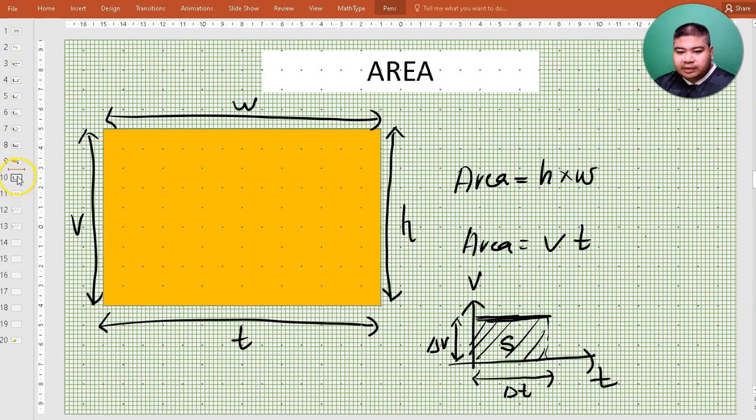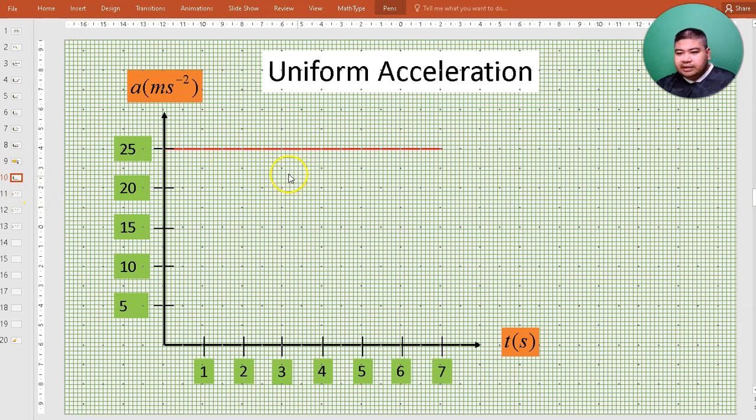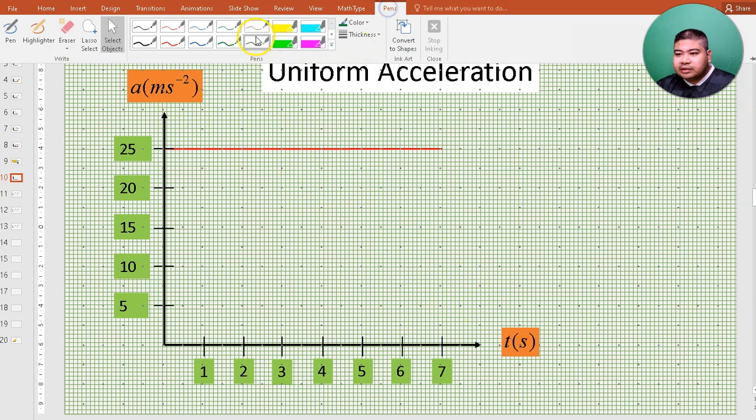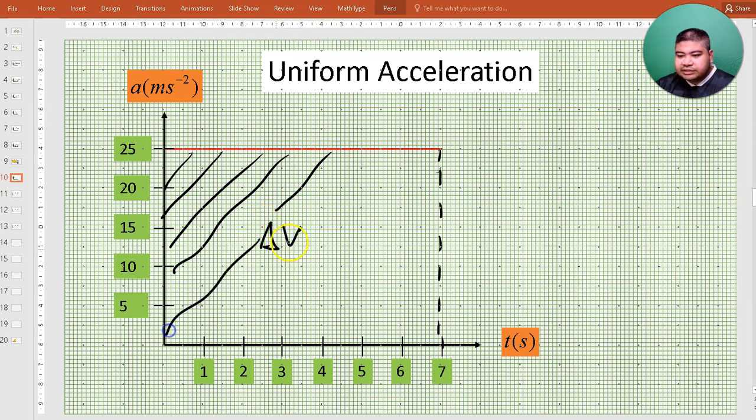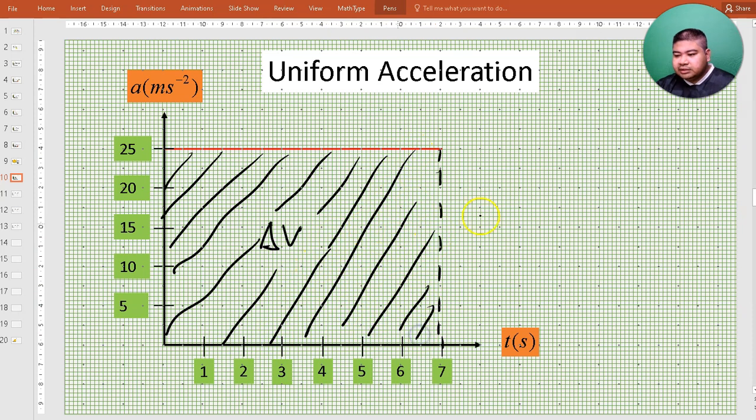Let's go back to this slide. This is the graph A against T. If we calculate the area under the graph, it is this shaded area. As we have seen earlier, the area is equivalent to the value of delta V, the change in the velocity, and this is the area of a rectangle.